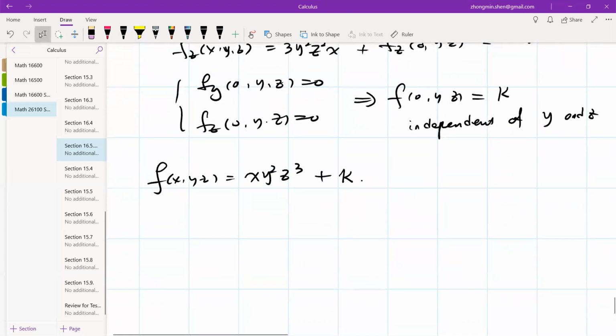My next topic, I'm going to introduce the so-called divergence.